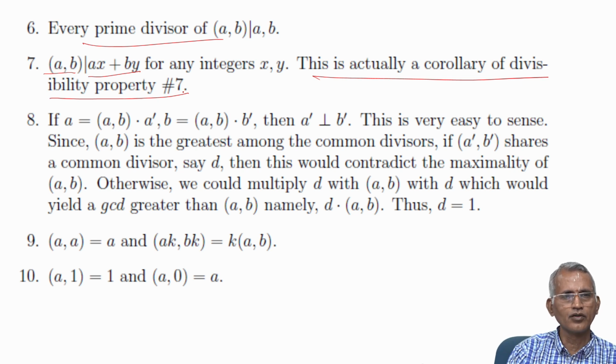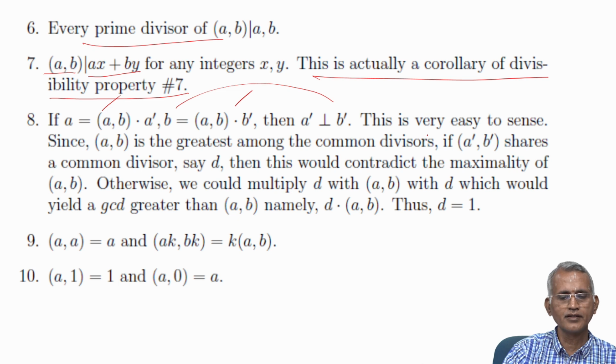And also make a note of this: if A is equal to the GCD of A comma B into A dash, and B is equal to the GCD of A comma B into B dash, definitely A dash and B dash are co-prime.